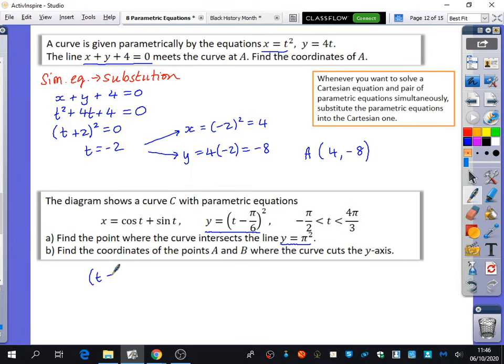So that means that y, which is (t minus pi over 6) squared, is equal to pi squared. Nice and easy to solve, actually, because I can just square root both sides. And then I can just add pi over 6 on, so that t is 7 pi over 6.